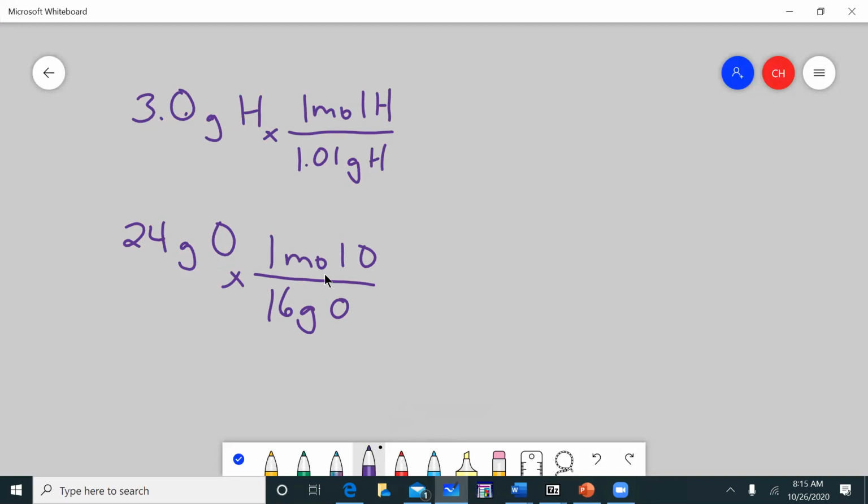This first one is roughly 2.97. People ask, how many decimals? Take as many decimals as you can. This one over here, we've got 24 divided by 16. This gives us 1.5. Okay.